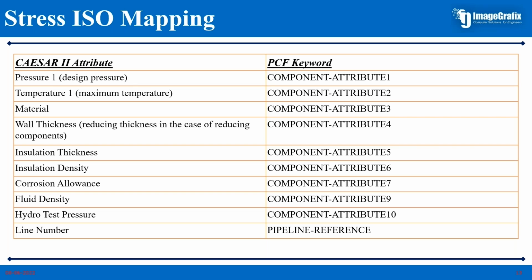So whenever I have a PCF exported from CADWorx, I can use the Super PCF mapping. Other than CADWorx, for any other software, including Smart 3D or PDMS or other CAD modeling software, you can use your Stress ISO mapping PCFs. According to that, you can enter the keywords.